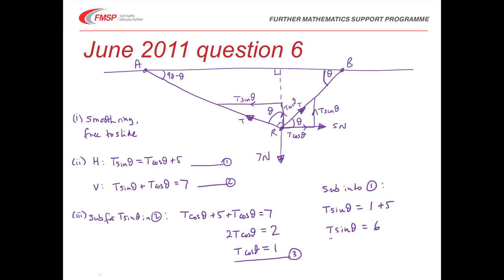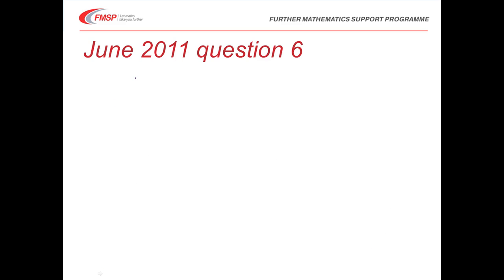Again, a nice simple statement, and using those two I'll be able to solve to find t and theta. So I have t cos theta equals 1, it's equation 3, and t sin theta equals 6, which is equation 4.